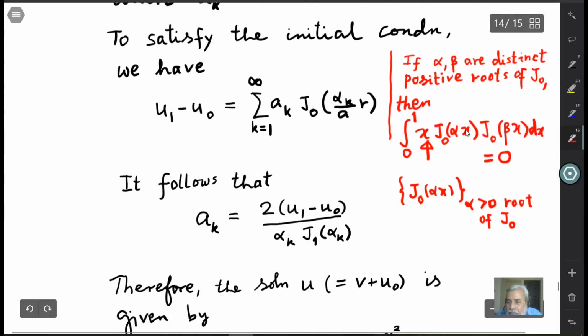And what happens if I take alpha equal to beta? Let me take that one.